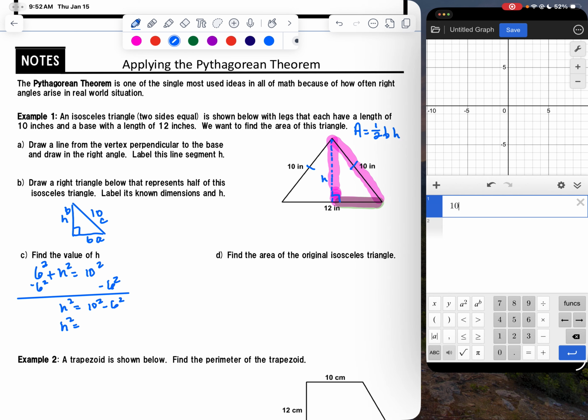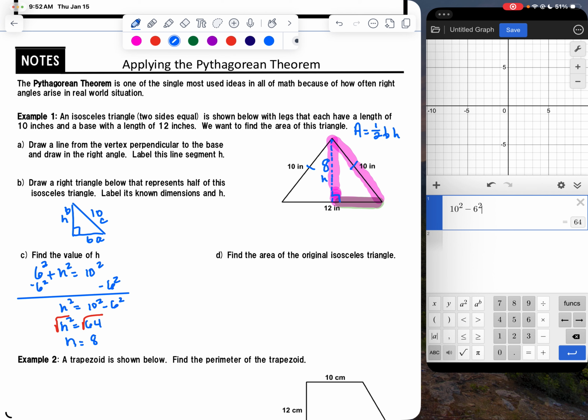So 10 squared minus 6 squared is going to be 64. Now, if I know H squared is 64 and I want to know H, then I just need to take the square root of both sides. So that means we have a height of 8 inches. So I'm going to come back over here and label the height of my isosceles triangle to be 8.